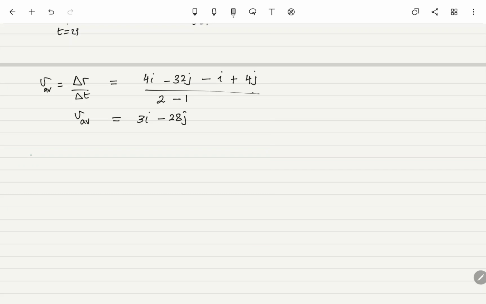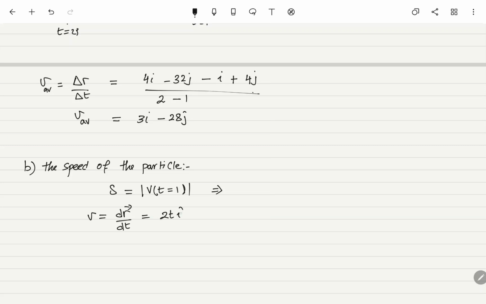Now B, find the speed of the particle. In this case, the speed is the magnitude of v when t equals 1. Here v equals the first derivative of r with respect to t, which equals 2t i minus 12t squared j.